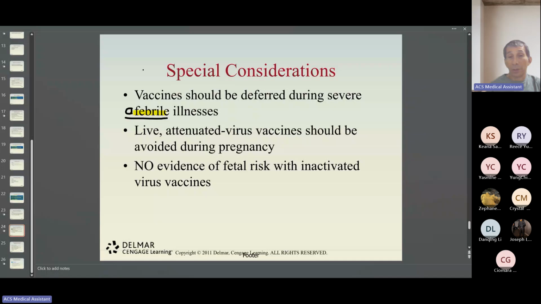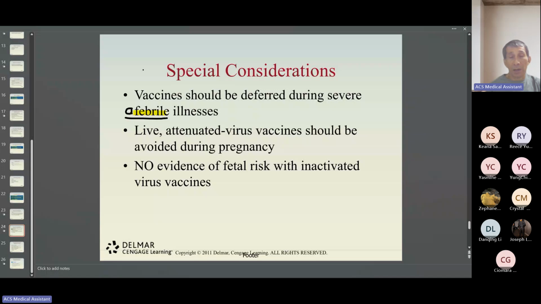Studies, research, have been done using pregnant animals, not humans, and they found out the fetus of the animal didn't suffer any consequences during the administration of these vaccines.